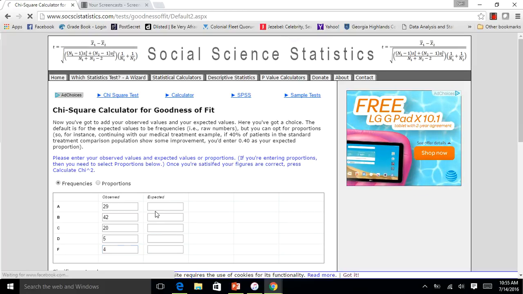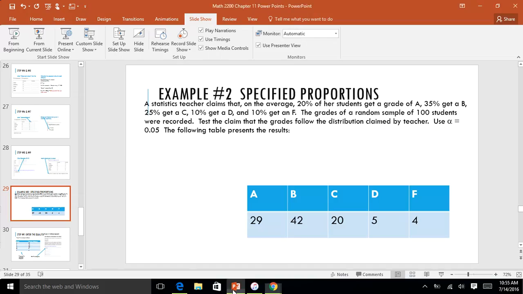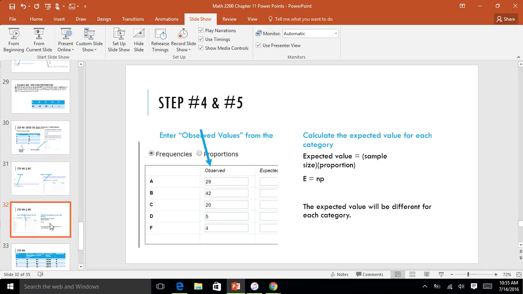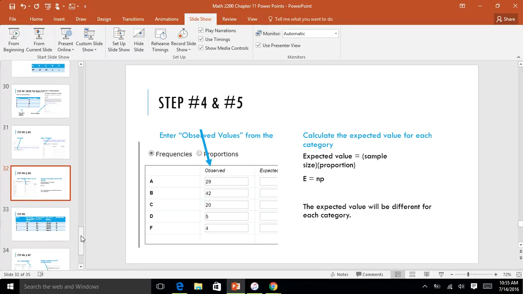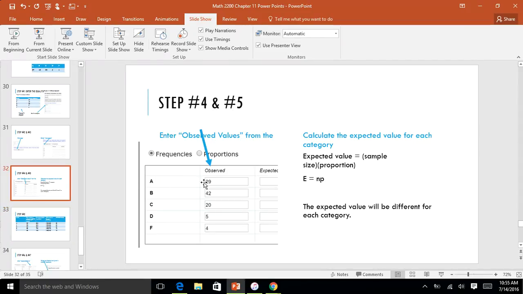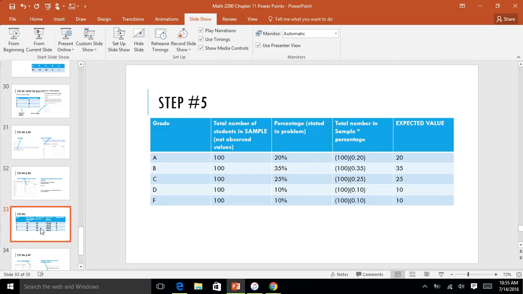Okay, my expected is going to be different. So let me go back to the PowerPoint and show you. All right, so my expected values are going to be different for this one. And here it is step by step. My sample size, if I add them all together, 29 plus 42 plus 20 plus 5 plus 4, gives me 100.